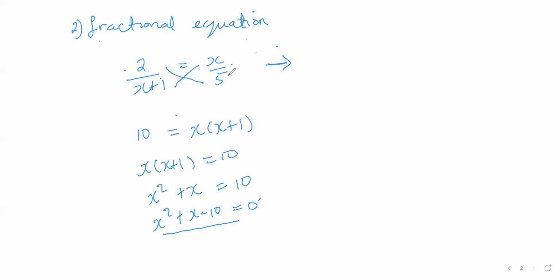Now, alternatively, you can do this by moving all your fractions to one side of the equation. By moving the x over 5 to the left-hand side, we get 2 over x plus 1 minus x over 5 equals 0. Once you do this, you can put these two on a common denominator. In this case, our LCD will be 5 times x plus 1.